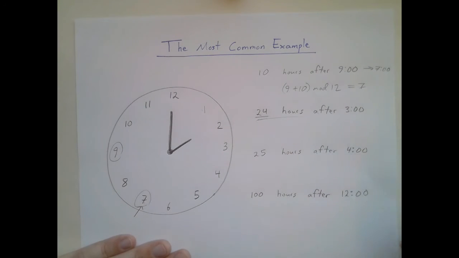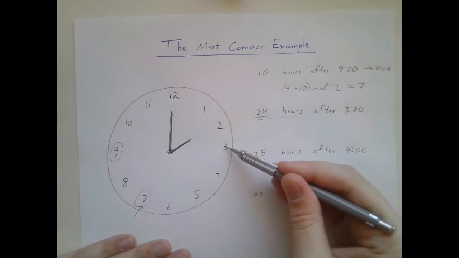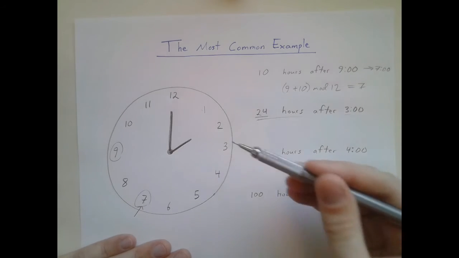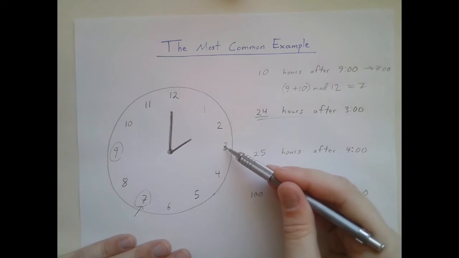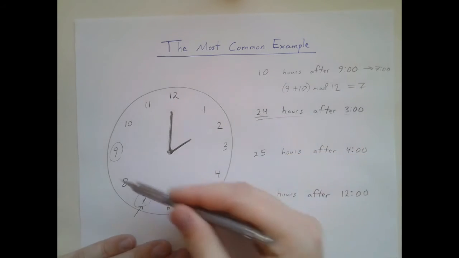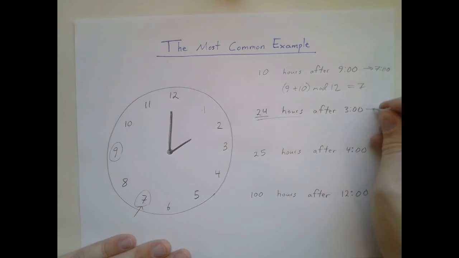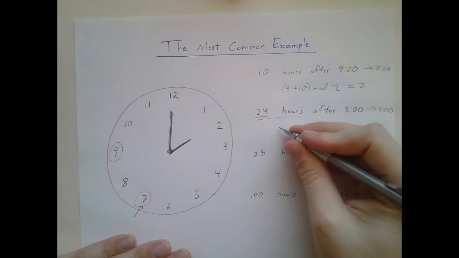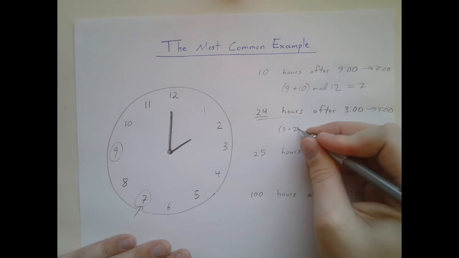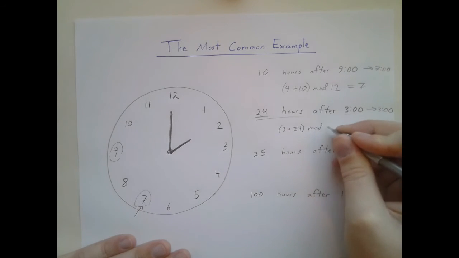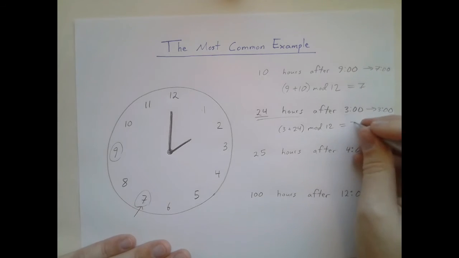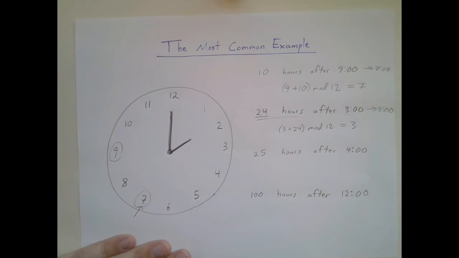What about this one? 24 hours after 3 o'clock. If it's 3 o'clock, 12 hours later, it'd be 3 o'clock again. 12 more hours, you're back to 3 o'clock. So 24 hours after 3 o'clock is 3 o'clock. And you could say 3 plus 24 mod 12 equals 3. 25 hours after 4 o'clock.